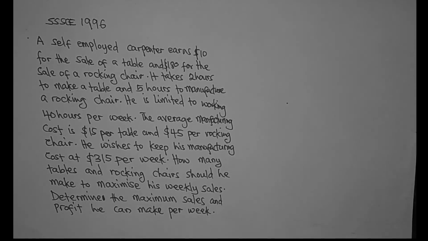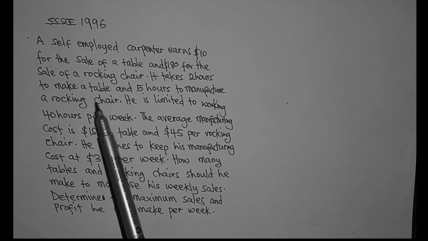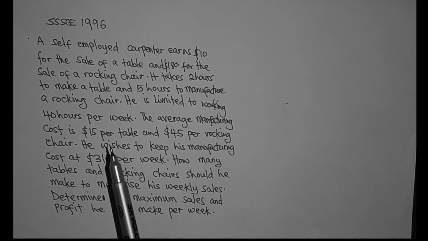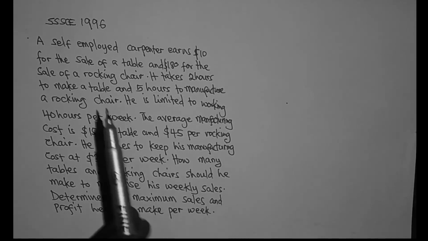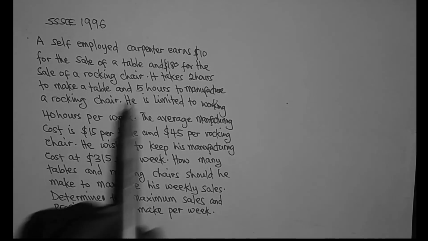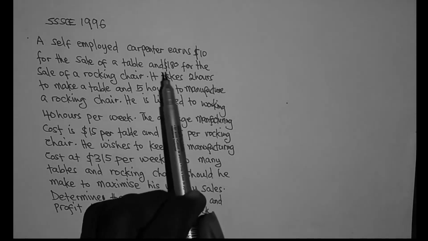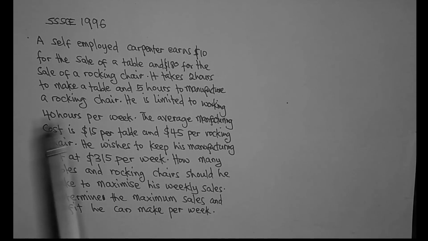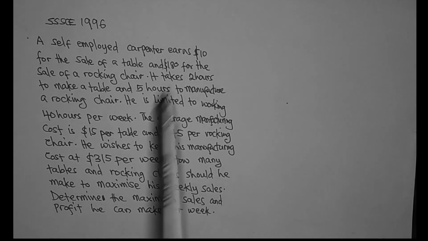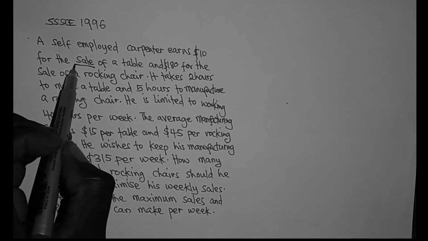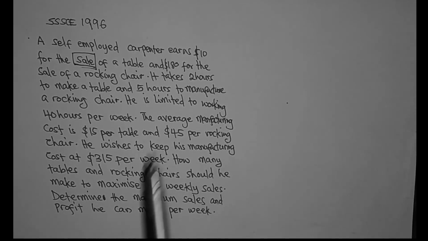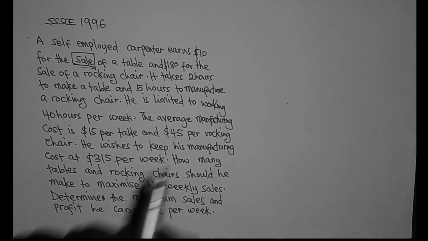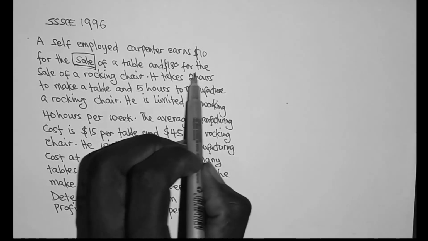So in this question, you see that we have 3 different variables. The first one is his income, which is the sales he makes, the sale of a table. The second one is the time it takes for him to manufacture.